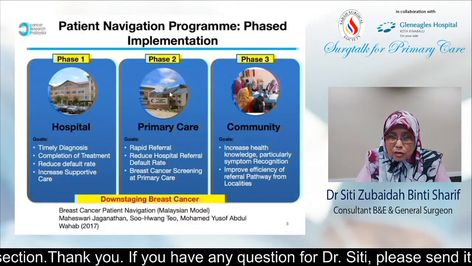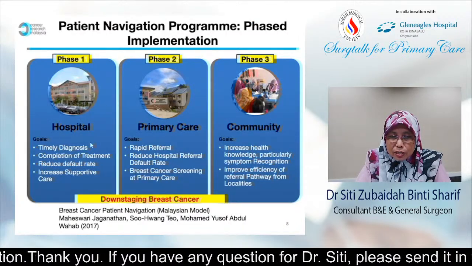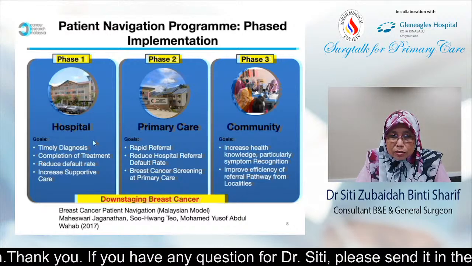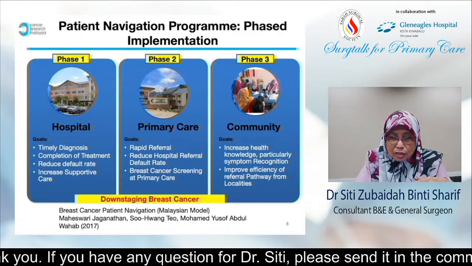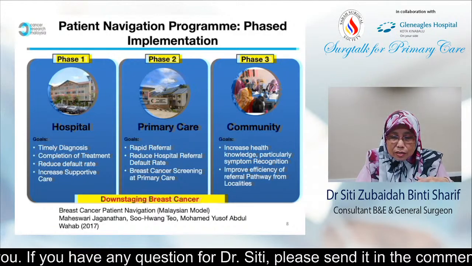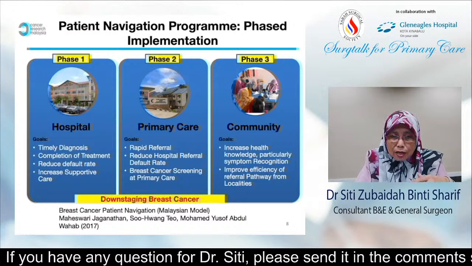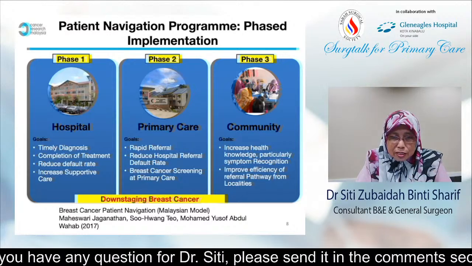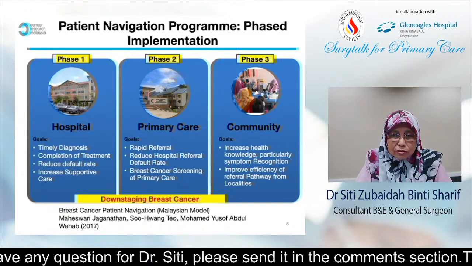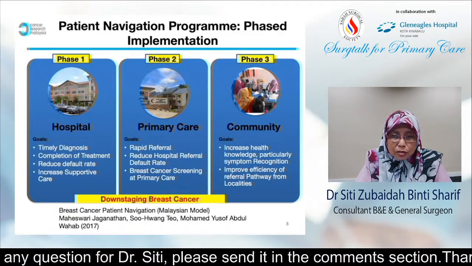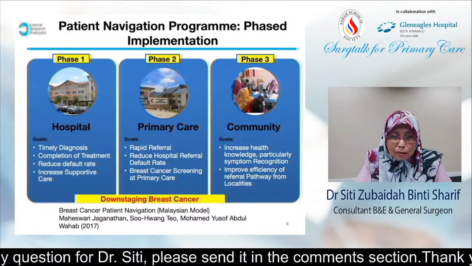In phase 1, at the hospital level, our goal is a timely diagnosis of breast cancer, to complete the treatment, reduce the default rates, and increase the supportive care of the patient.